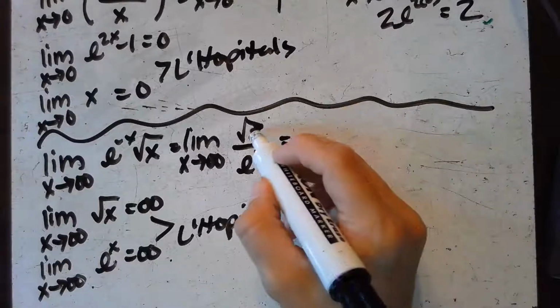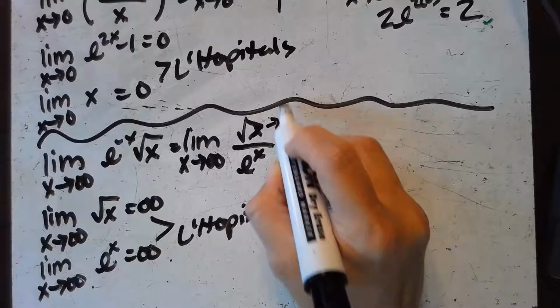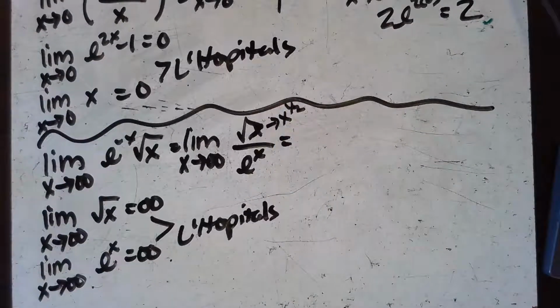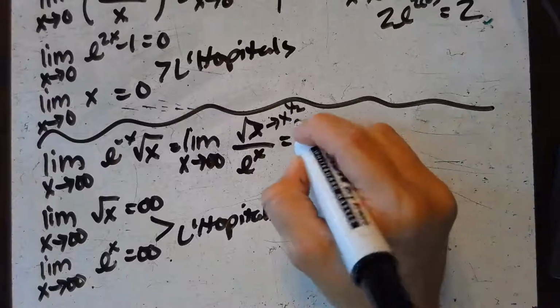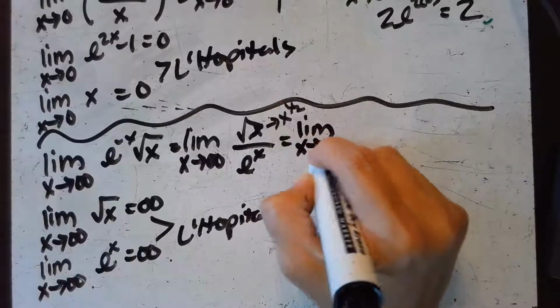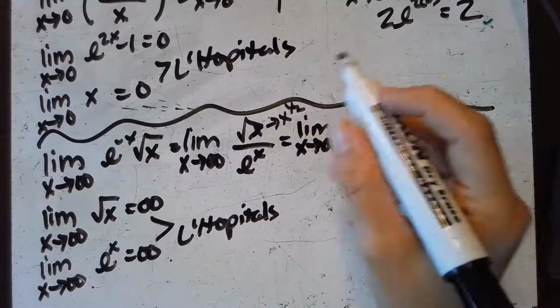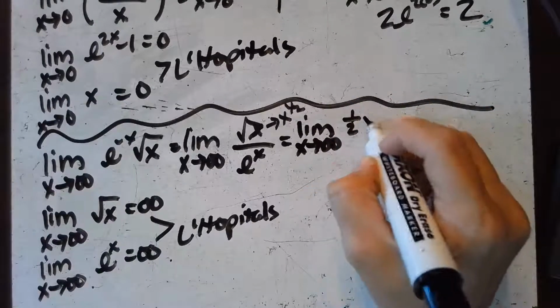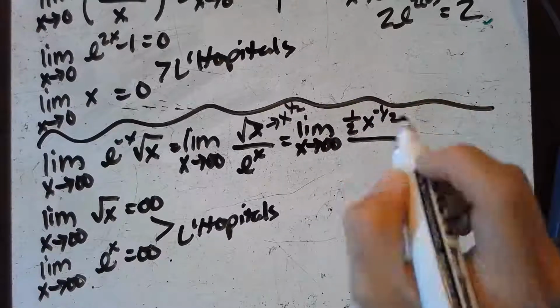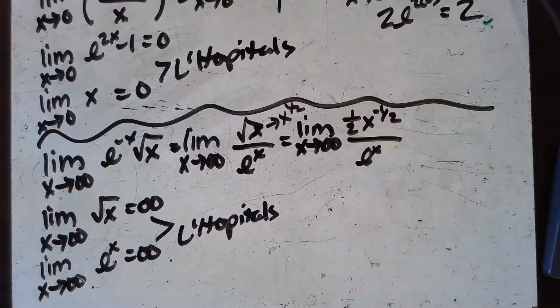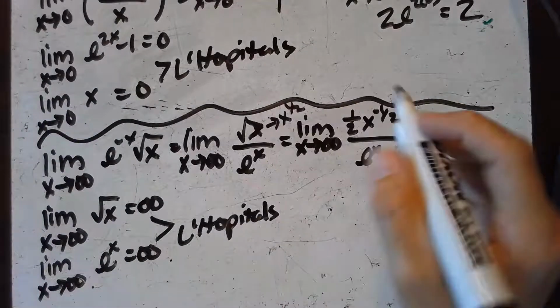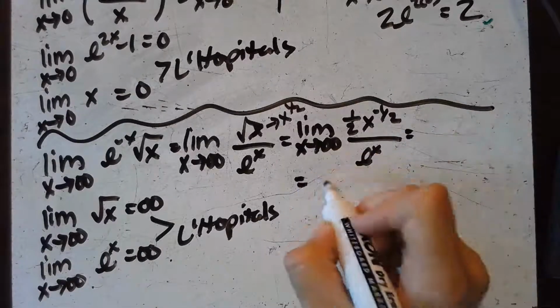All right, so here we go. Think of this as x to the 1/2. And guys, don't put equals. Use arrows when you're not sure if you should do equals or not, because you want to be mathematically correct. All right, so this is 1/2 x to the negative 1/2 over just e to the x. Okay, so this gets rewritten, and I'm going to rewrite it down here.